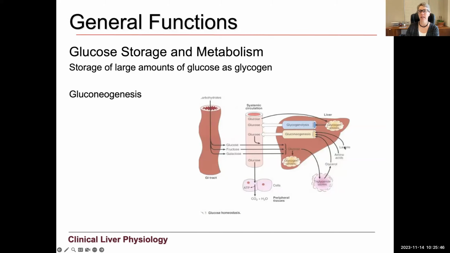So here we can take lactate, amino acids, glycerol, put them in the hepatocytes, and then produce actual glucose out of that. And we call that gluconeogenesis. So the liver plays a really important role in those two metabolism functions. So now think about all the things that can go wrong if a patient has liver disease.